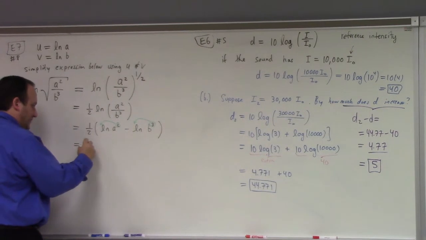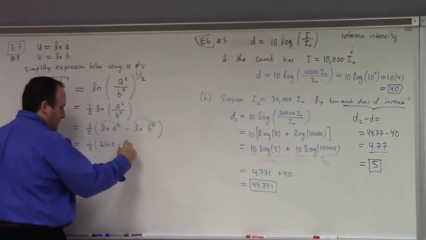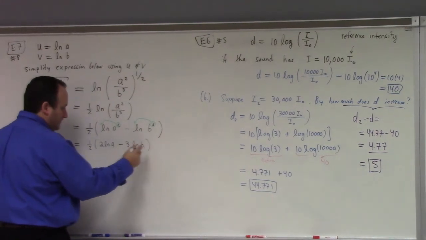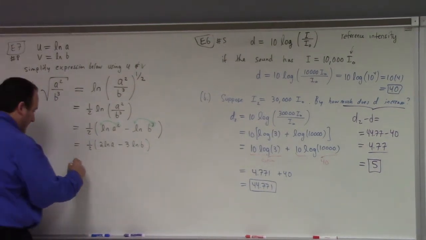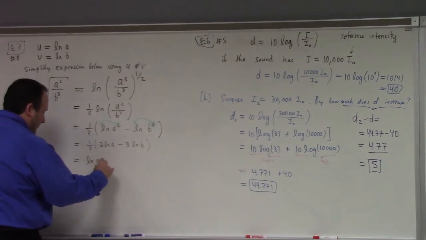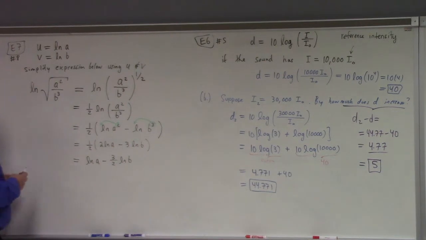All right, so this is 1/2 times 2 log a minus 3 log b, right? And then what? Just multiply the half through, right? So the half and the 2 cancel, we get what? We get log a minus 3/2 log b.